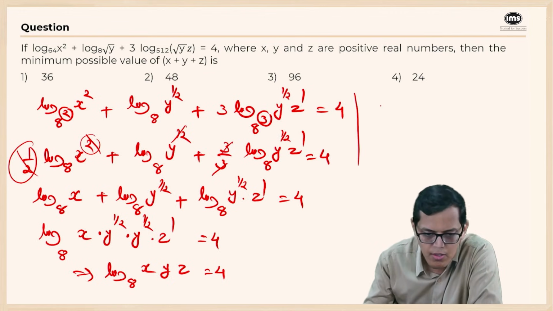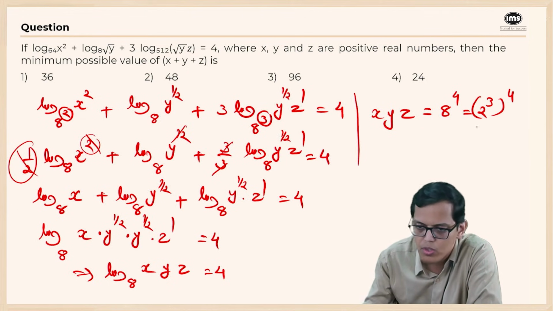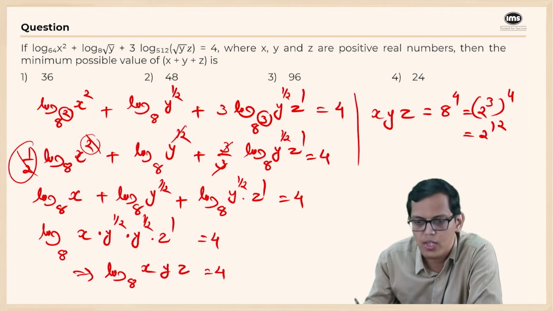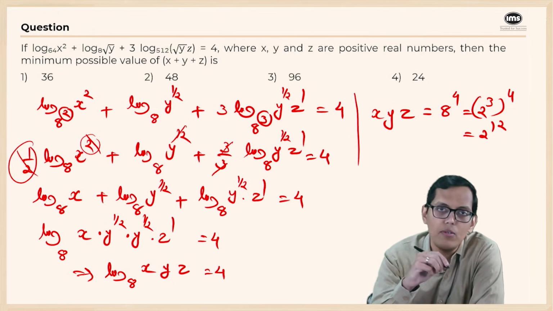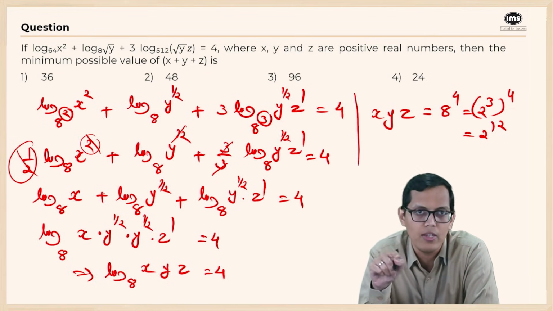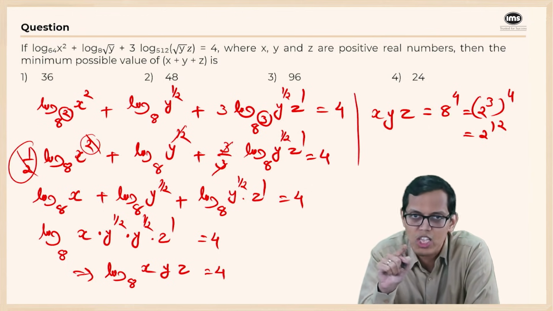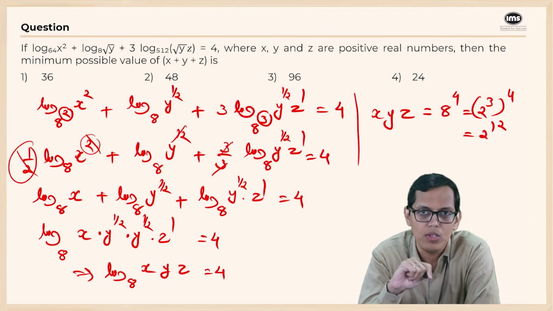So now we know xyz is in reality 8 raised to 4, or I can write 2 raised to 3 whole raised to 4, or 2 raised to 12. Now the main need of the question, which is summation of x plus y plus z, the minimum possible summation. If you want to minimize the summation, you must keep them equal.